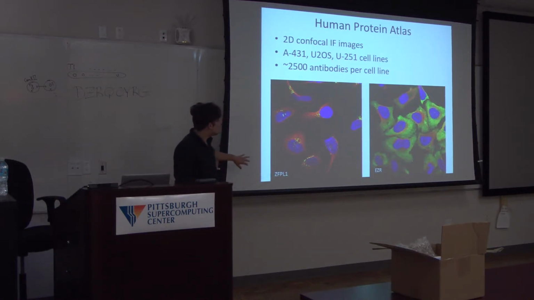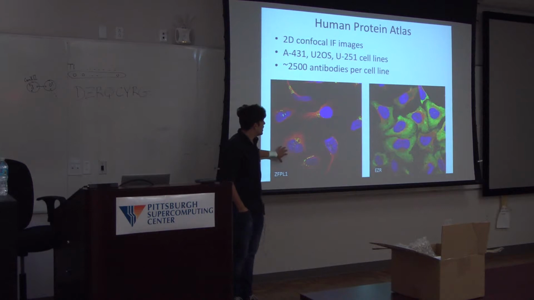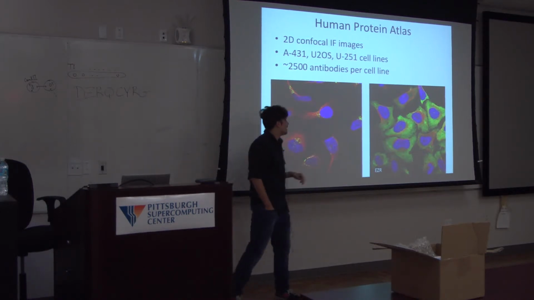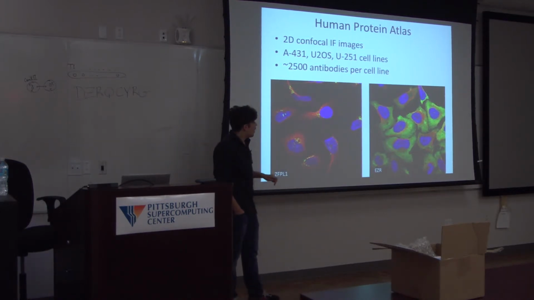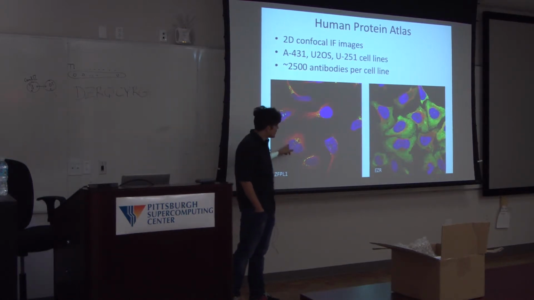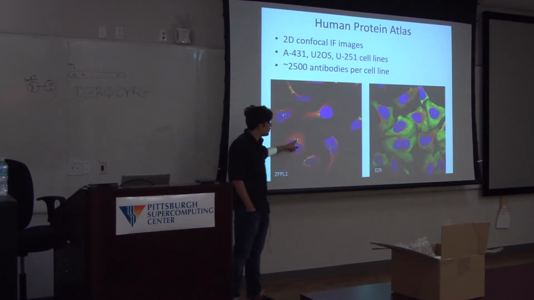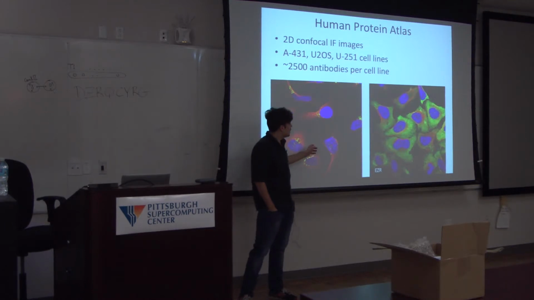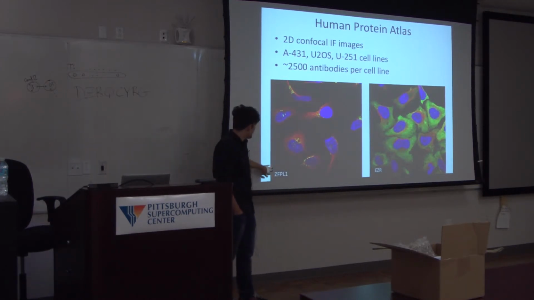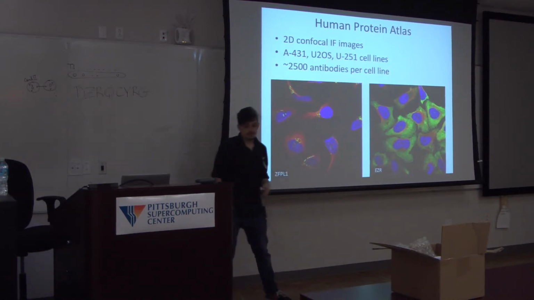Here are two typical images, which all have a nuclear stain, a microtubule stain, and then a stain for a particular protein in green. The two proteins shown here are ZFPL1 and EZR.